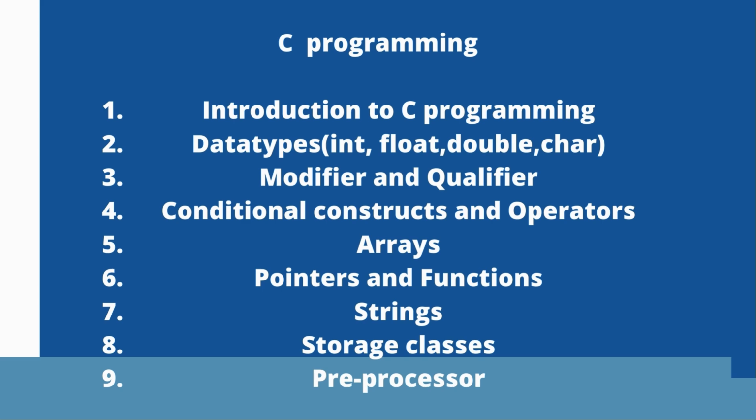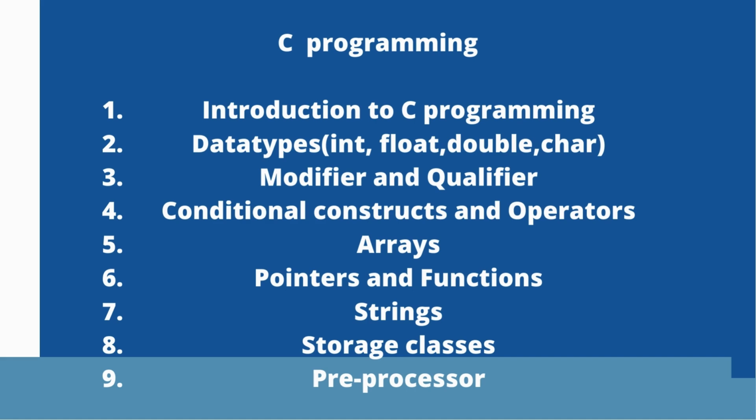For operators, we learned that an operator is a symbol used to perform an operation on variables and values. We read about different categories of operators like arithmetic operators, which include plus, minus, and others. Also, we learned about relational operators, logical operators, and assignment operators.